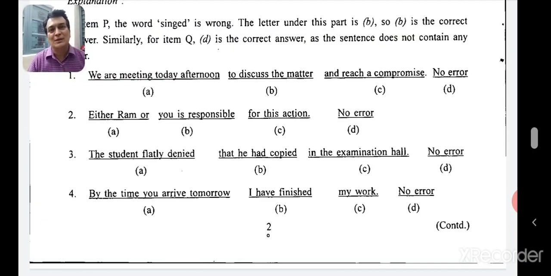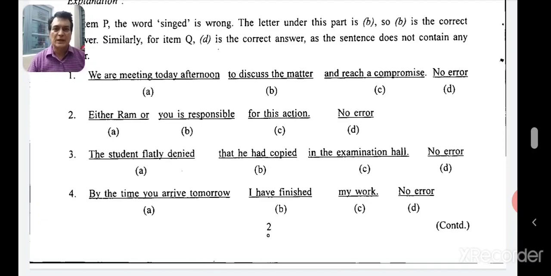Whenever we use morning, afternoon, evening, we use the preposition in: in the afternoon, in the morning, in the evening. But if it's night or noon, we use the preposition at. And if it's a day, on Tuesday, on 20th August, so even in the case of a date, we use on.